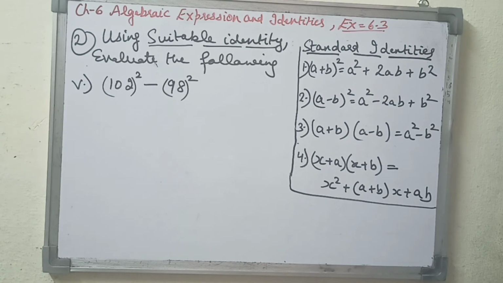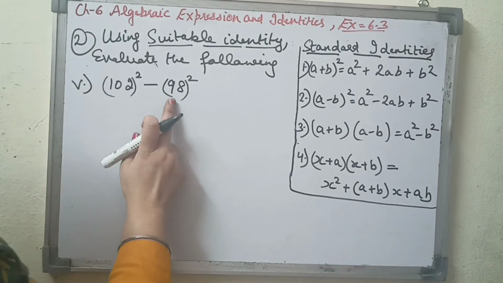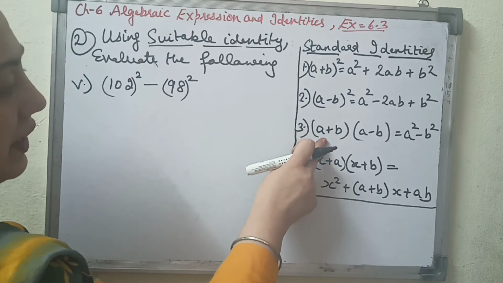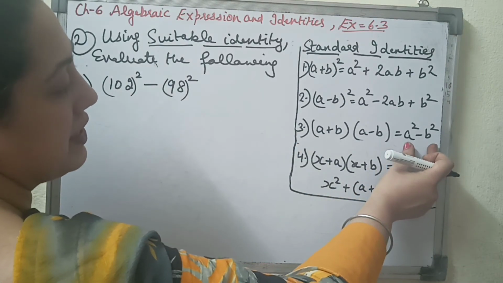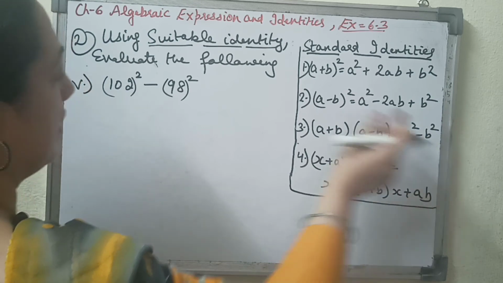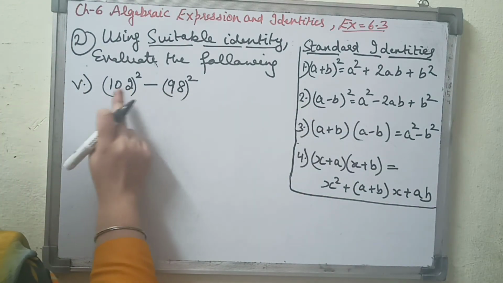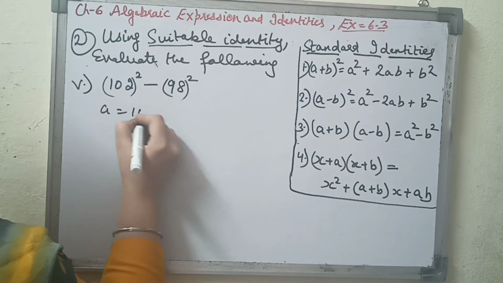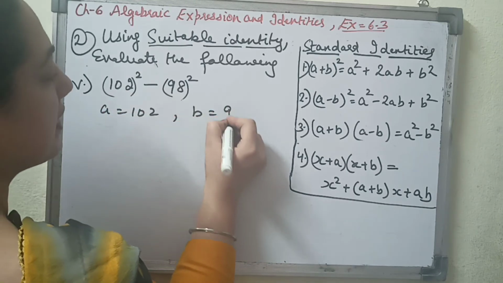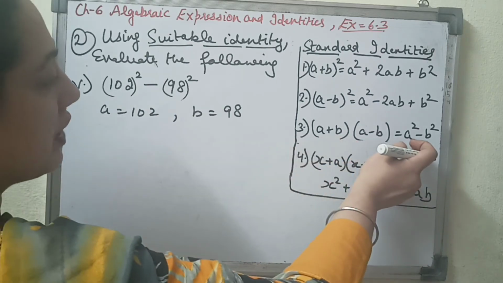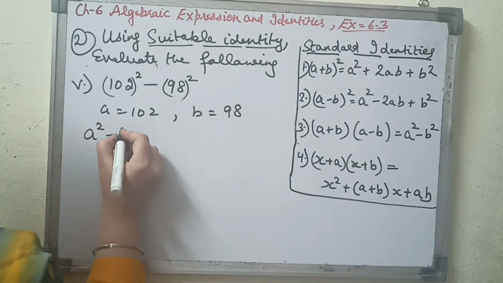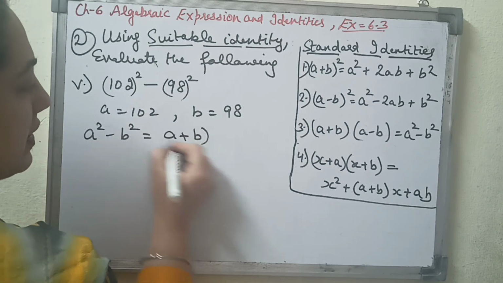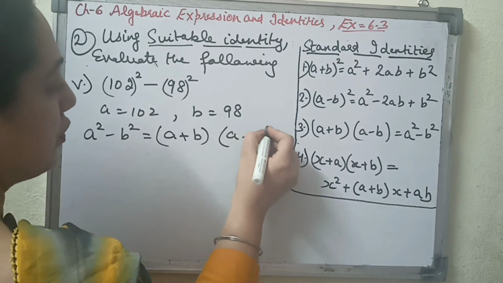Fifth part of sum number two is 102 square minus 98 square. Now look at the third identity, which is a square minus b square. So this is of the form a square minus b square, right? Here a is 102 and b is 98. Now write down this identity: a square minus b square equals (a plus b) into (a minus b).